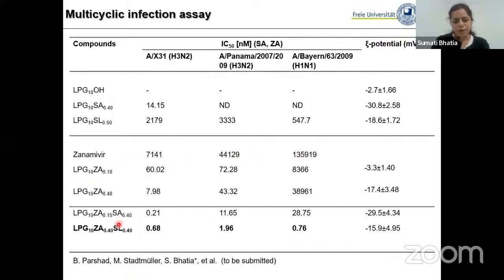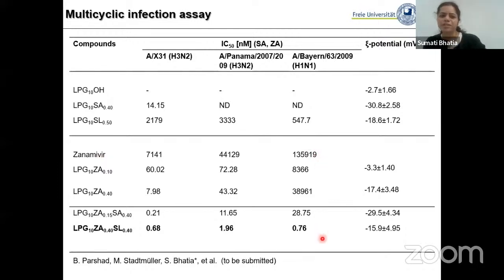And if you see our optimized candidate, it has IC50 values much lower, in the very low nanomolar range, or we can say more or less in the picomolar range. So we see this optimal compound outperforms the commercially available zanamivir drug also under these experimental settings.